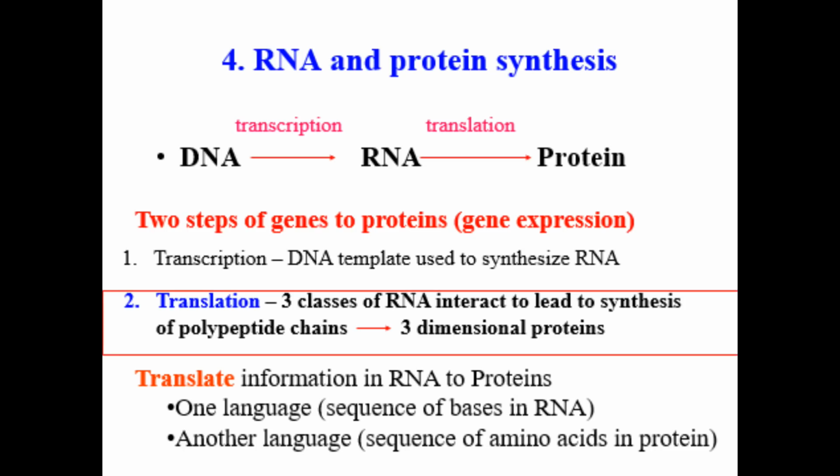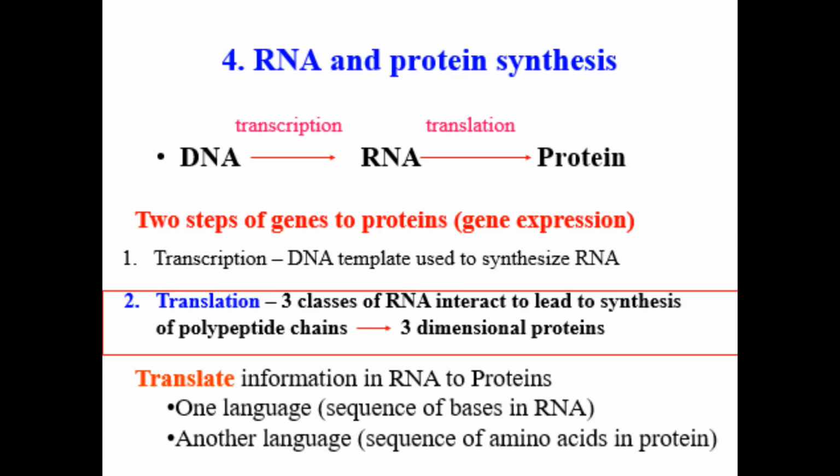So to remind you, we're looking at this whole process. We've gotten to the point where DNA was used to make RNA, messenger RNA. That was the process of transcription. And the language for both DNA and RNA is nucleotides: sugar, phosphate, base. They're not the same nucleotides because one is RNA and the other one is DNA, but yet they're both nucleotides.